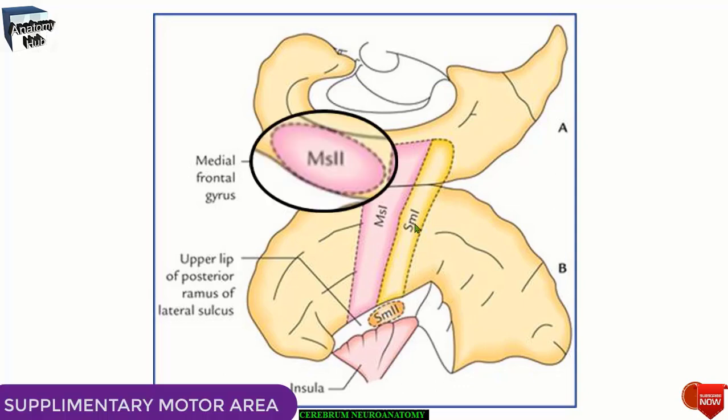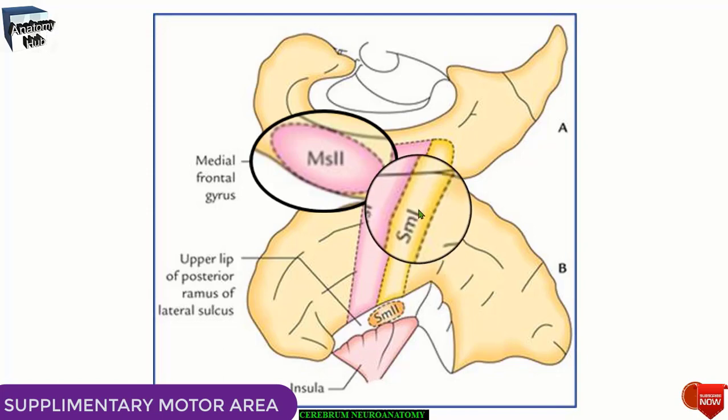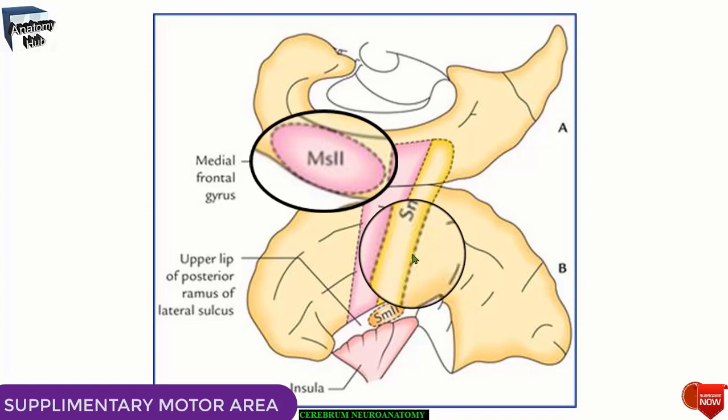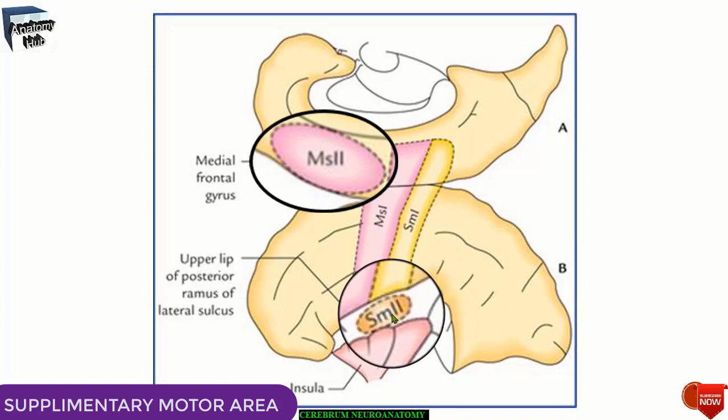And the primary somatosensory area is located in the postcentral gyrus, marked as SM1 over here, and the second somatosensory area is located in the upper lip of the posterior ramus of your lateral sulcus.